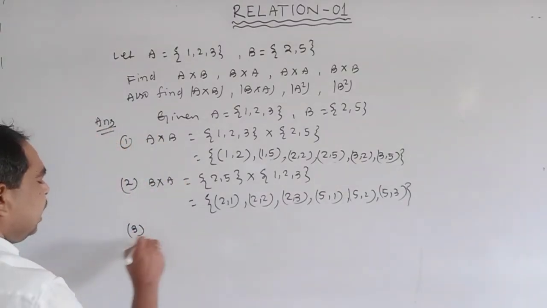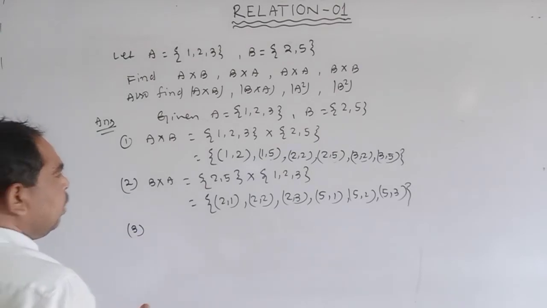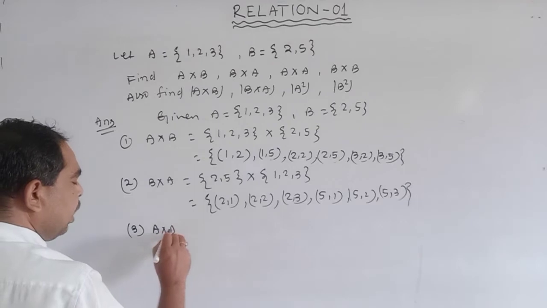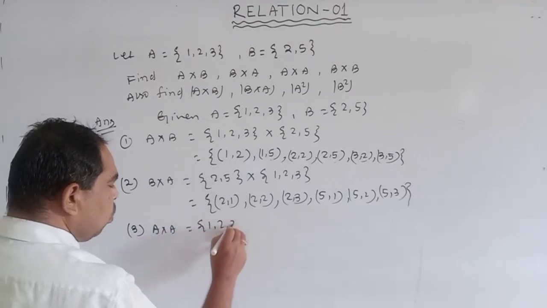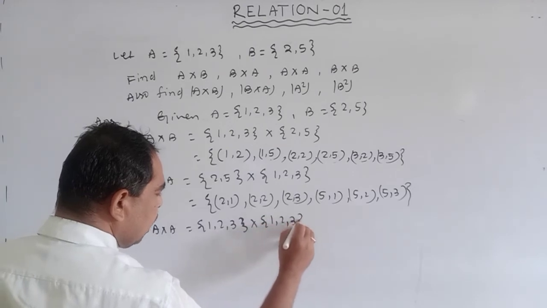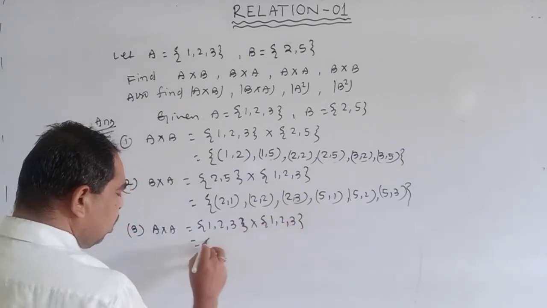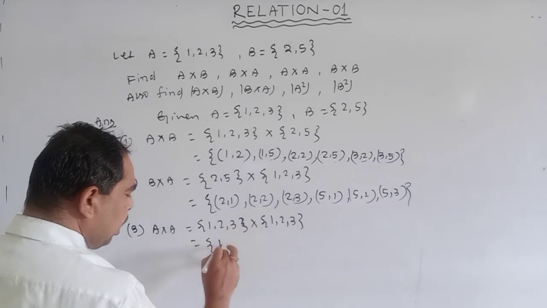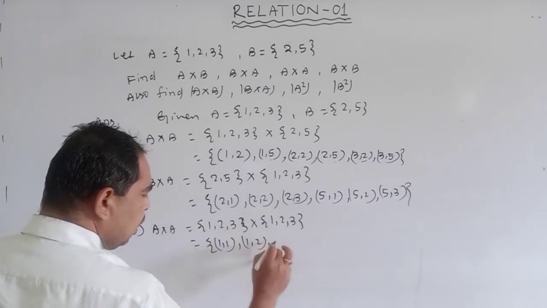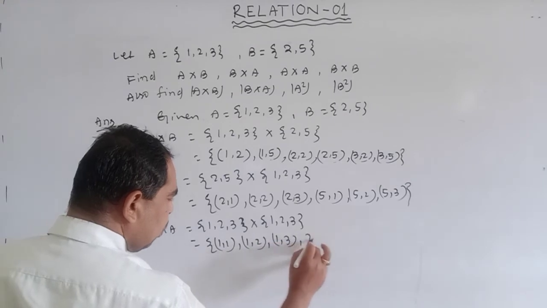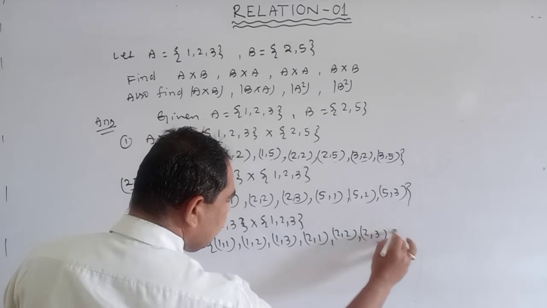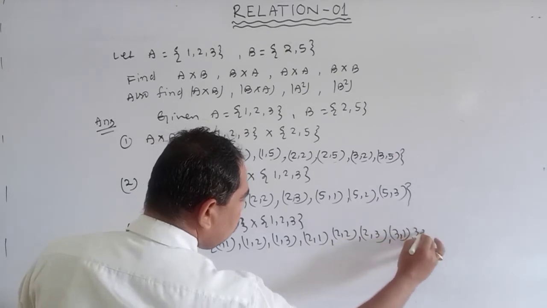Next, third, A into A. That means {1, 2, 3} into {1, 2, 3}. So it is equal to (1, 1), (1, 2), (1, 3), (2, 1), (2, 2), (2, 3), (3, 1), (3, 2), (3, 3).